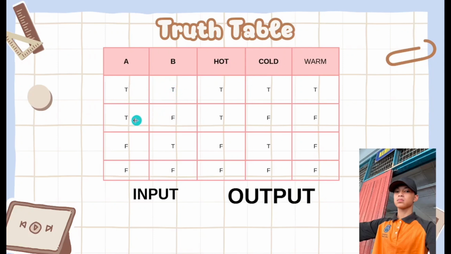For the second, true false becomes true for hot, and true false for cold becomes false, for warm becomes false. The column false true becomes false for hot, for cold becomes true, for warm becomes false. The last column, false false, for hot becomes false, for cold becomes false, and for warm becomes false.